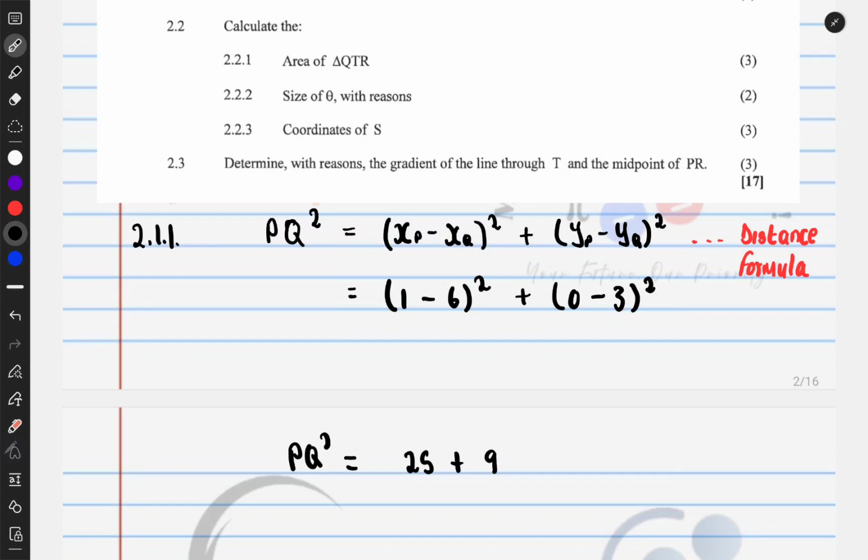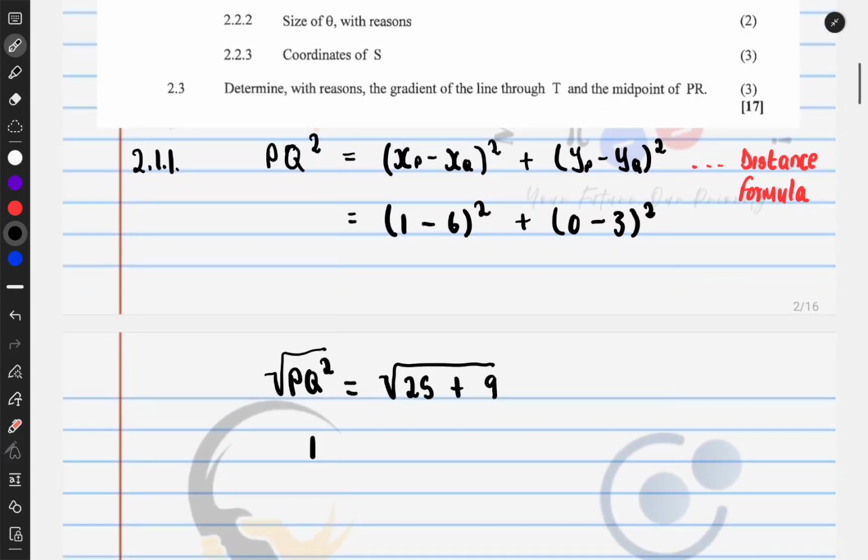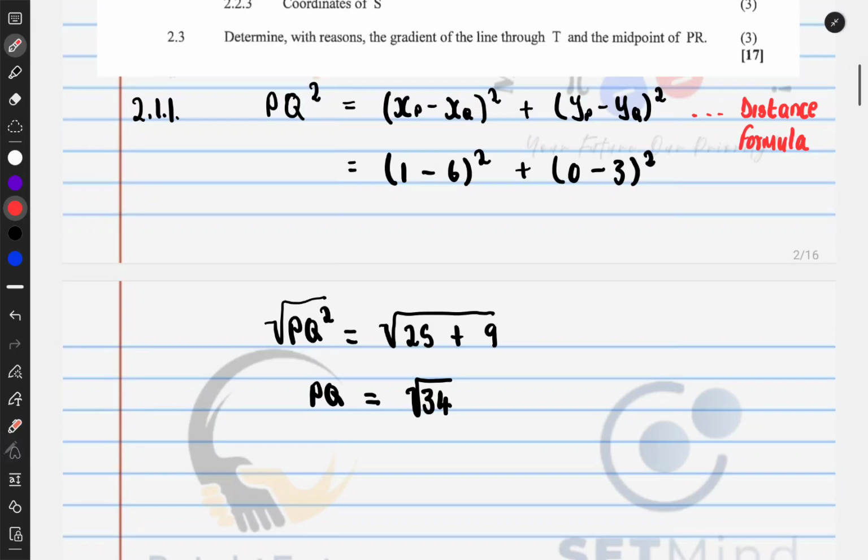This is equal to PQ squared, and then we have to remove that square by introducing a square root on both sides. So therefore PQ is equal to the square root of 25 plus 9. 25 plus 9 is going to be 34, so we're going to have root 34, and then we're asked to leave our answer in surd form, so this is going to be our final answer.